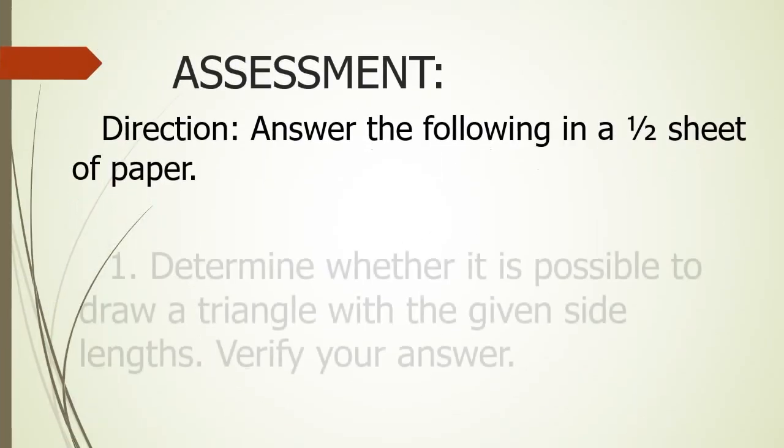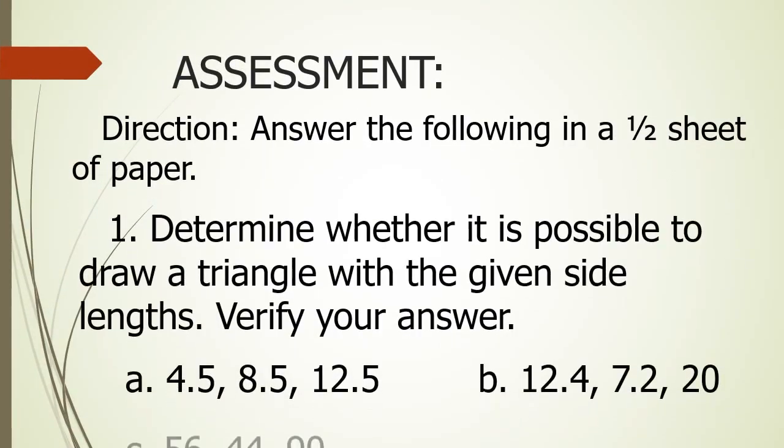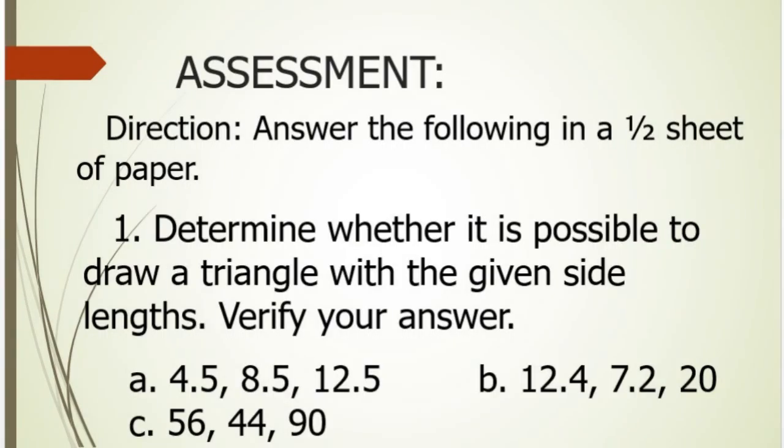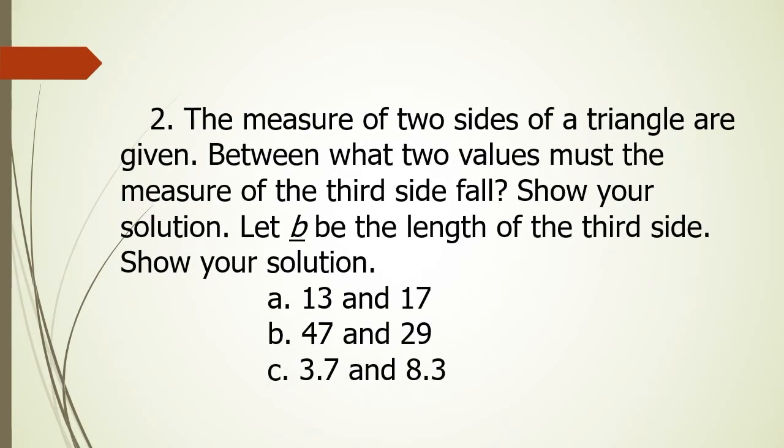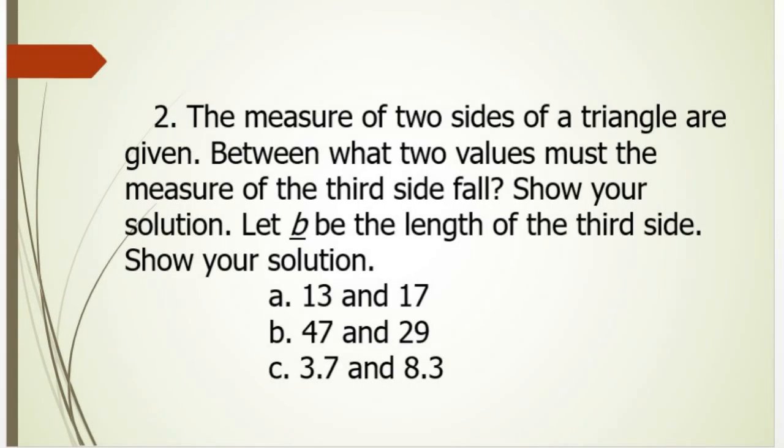Assessment. Direction. Answer the following in a half sheet of paper. Number 1. Determine whether it is possible to draw a triangle with the given side lengths. Verify your answer with A, B, and C. A is equal to 4. Number 2. The measures of two sides of a triangle are given. Between what two values must the measure of the third side fall? Show your solution.